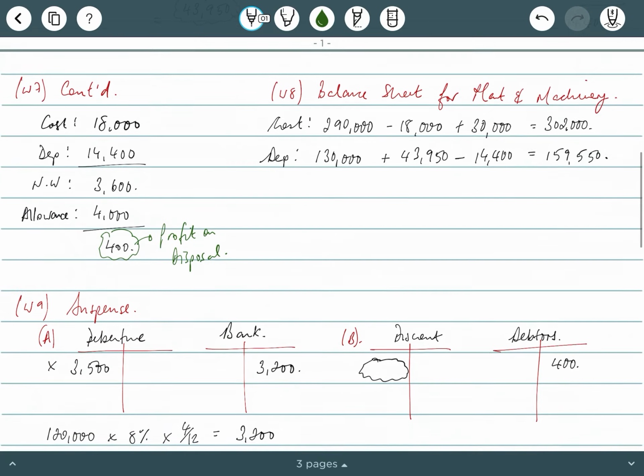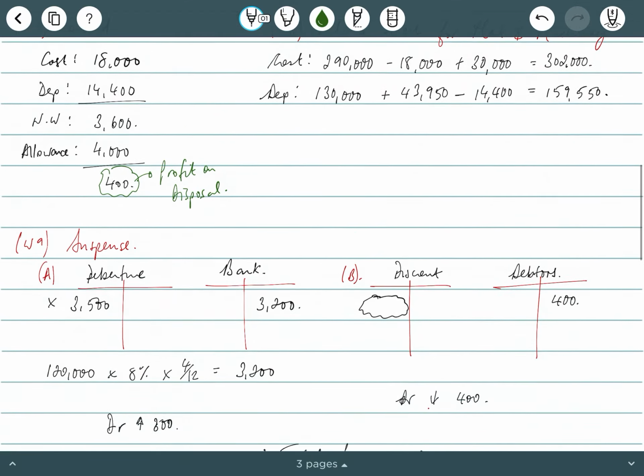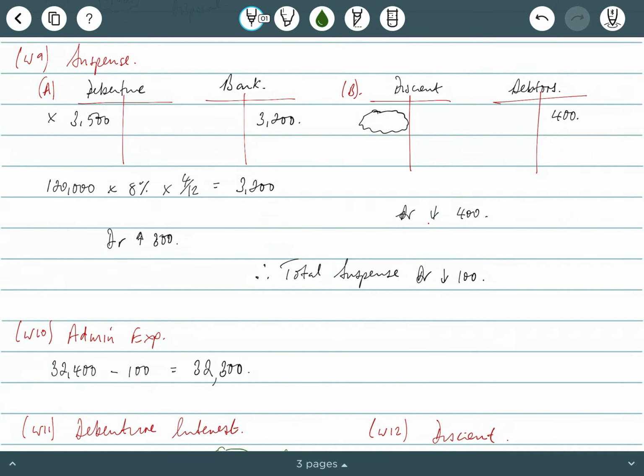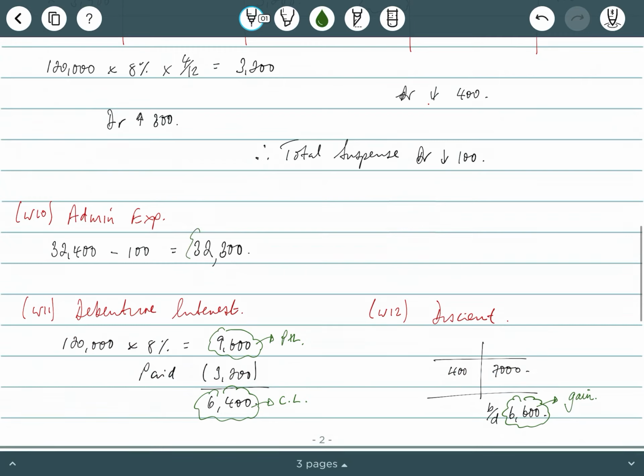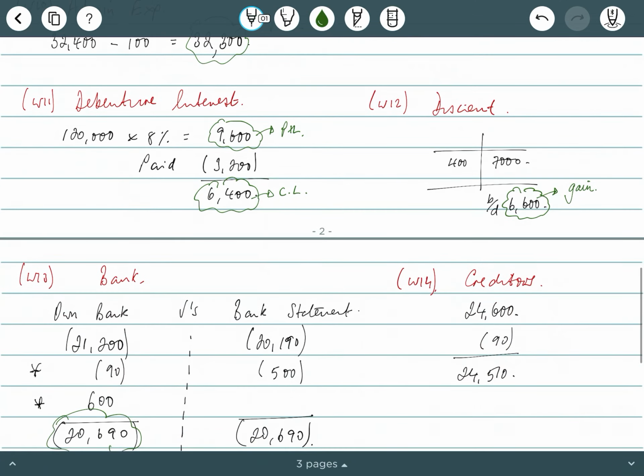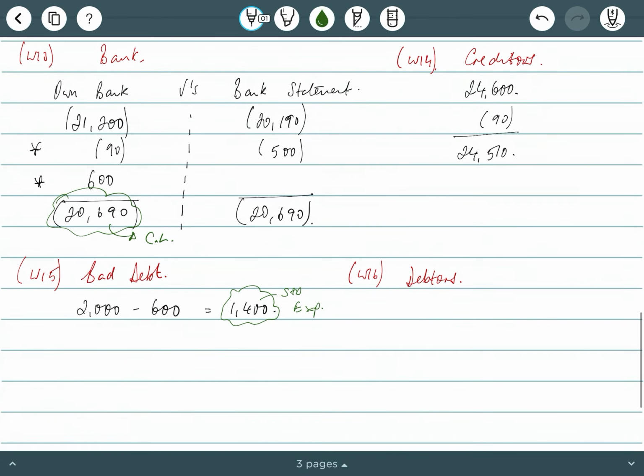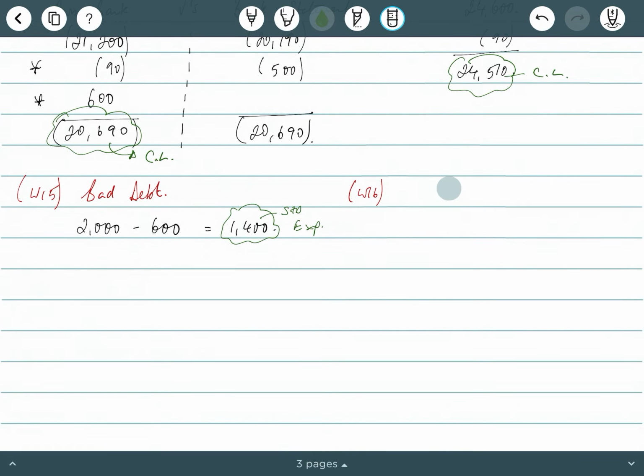Balance sheet, admin expenses. Well, we know where admin expenses goes: your P&L. And that's the rest. Check. Oh, creditors, 24,510. That's a current liability. So that there isn't needed.